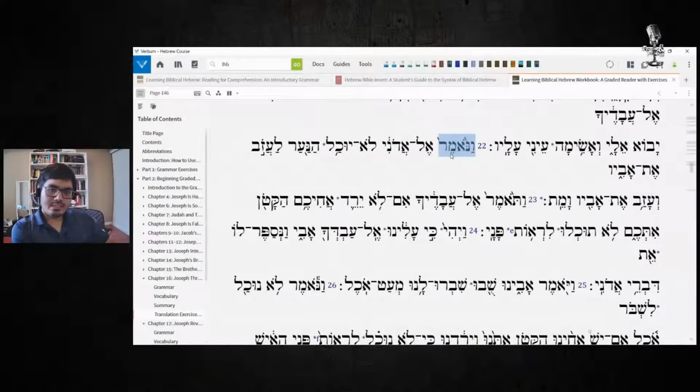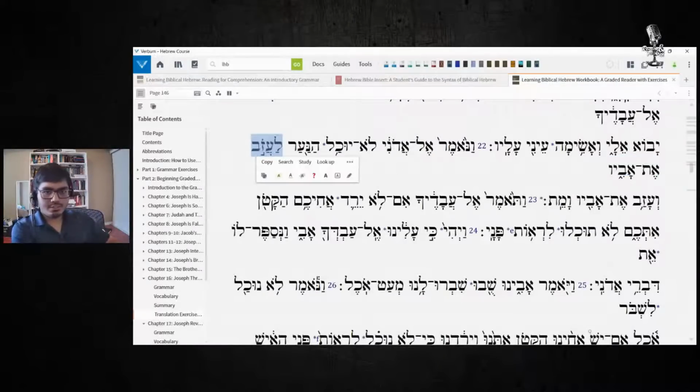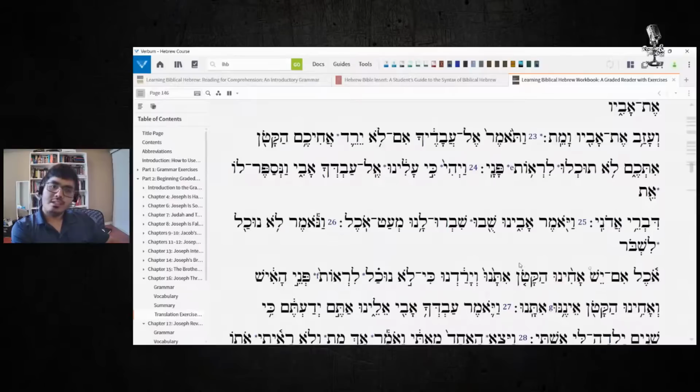And we said to my Lord, the young man is not able to leave his father. Notice the infinitive construct here. And if he leaves his father, he will die. So saying that the father will die of grief if Benjamin leaves him.